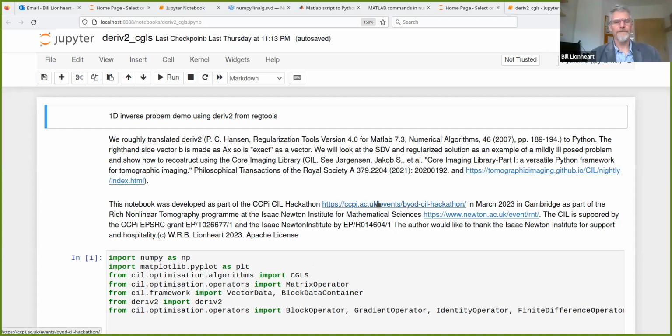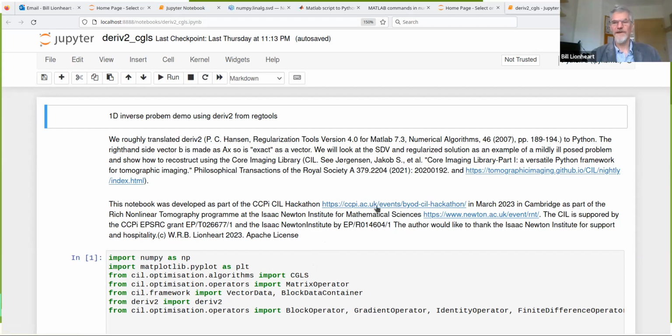Okay, so I've started a Jupyter notebook. There was a little bit of overhead in making sure that you had the right libraries installed for Python.